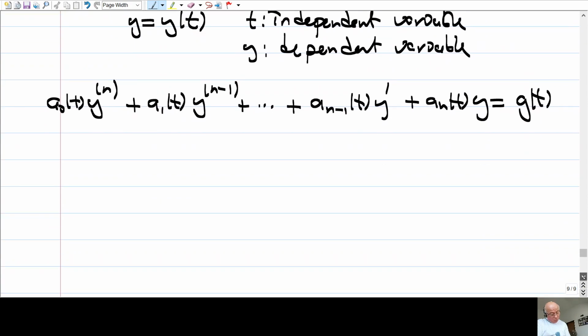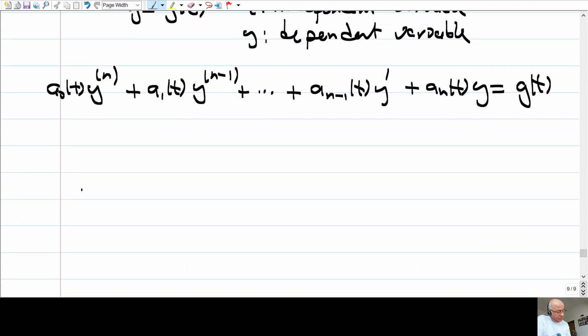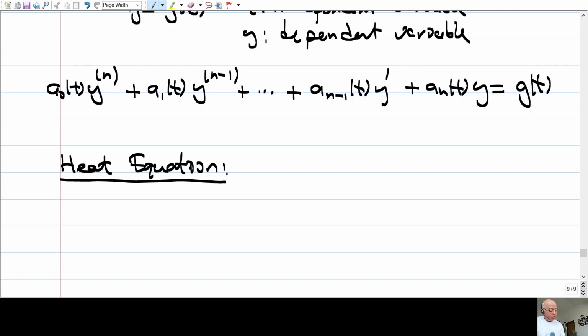Let me also give examples of partial differential equations. We'll see later toward the end of the semester the so-called heat equation. So what's this?